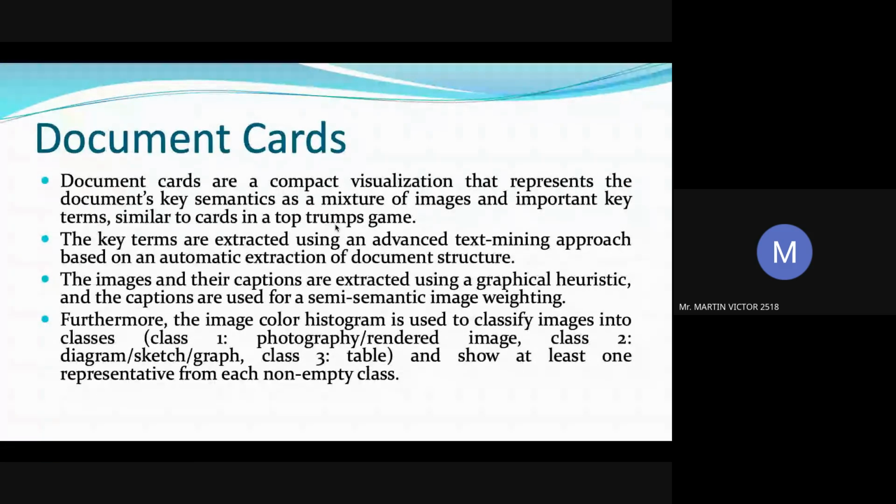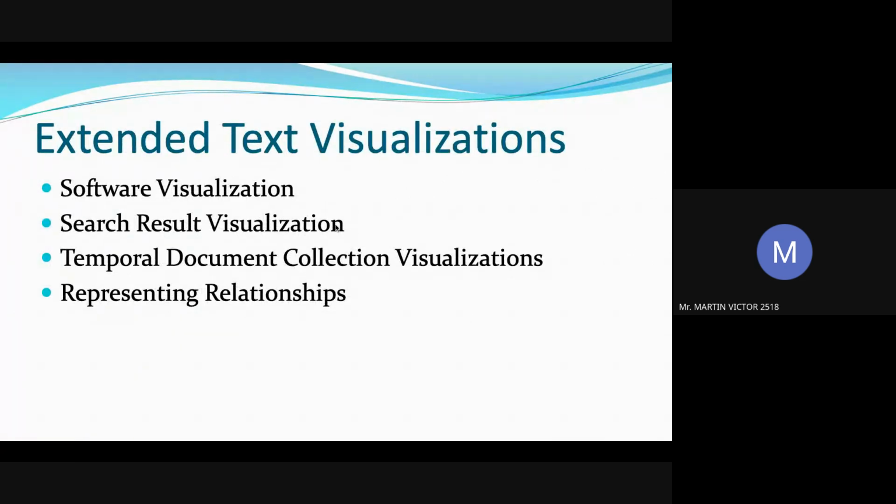So this is all about text-based visualization, but there are certain other extended text visualization, namely software visualization. We have search result visualization, and then temporal document collection visualization, then representing relationships. So these are some of the extended text visualization.